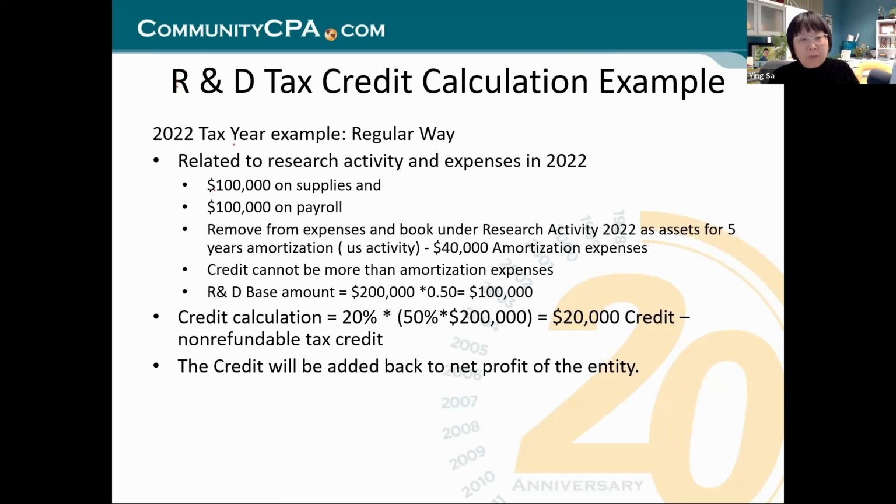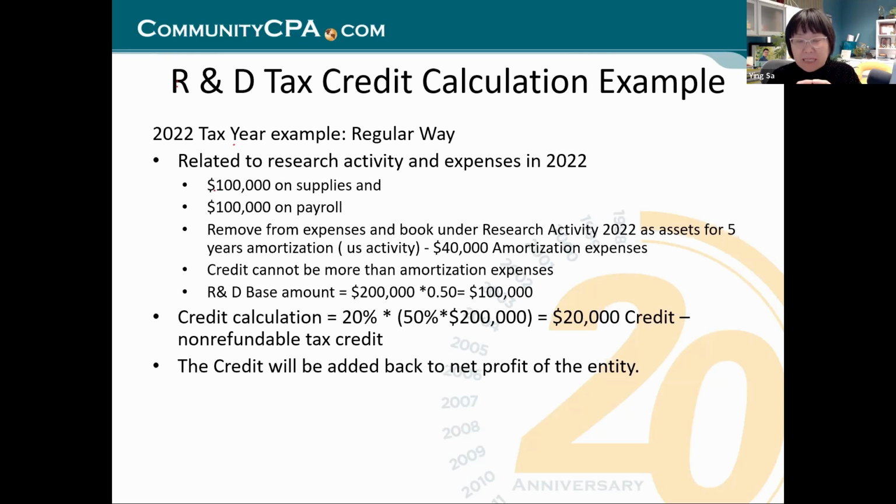Let me tell you why. It's the R&D base amount. The reason we say R&D base amount is because that 20% we were looking at earlier is 20% times the base amount. So we need to tell you how to calculate your base amount, right? Your base amount is 200,000 divided by 2, so 50%. So your base amount is half of it.